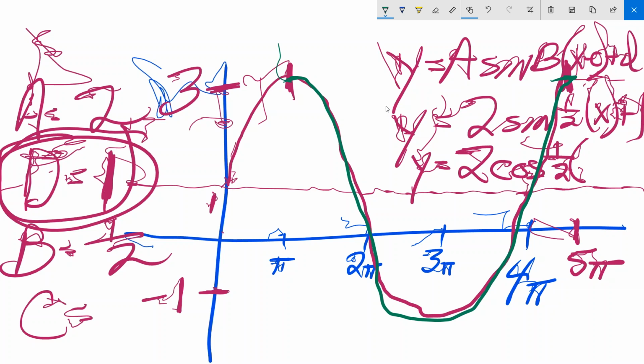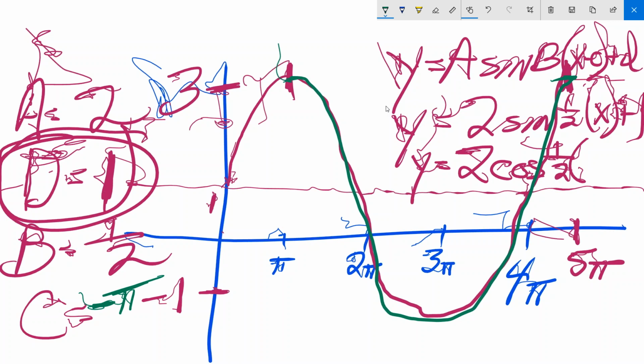If I take the red curve and I move it, oh, I see what's going on. I have to move the red curve to the left if I want the green curve to start out at the origin. So I really have to shift it by pi to the left, which makes this a minus pi shift.